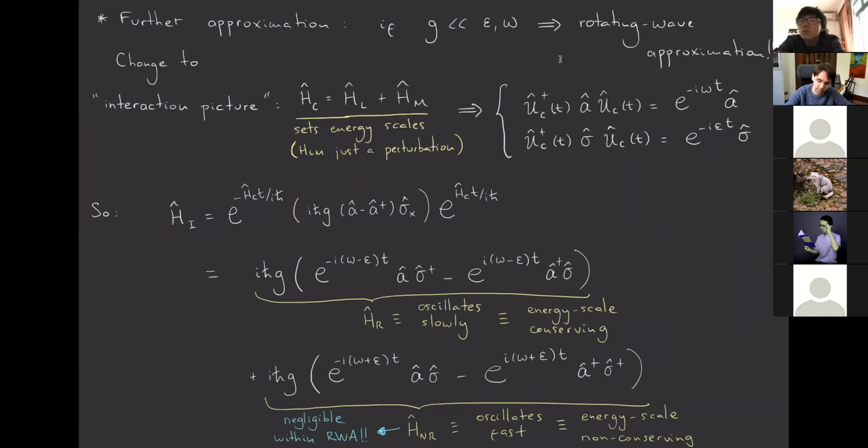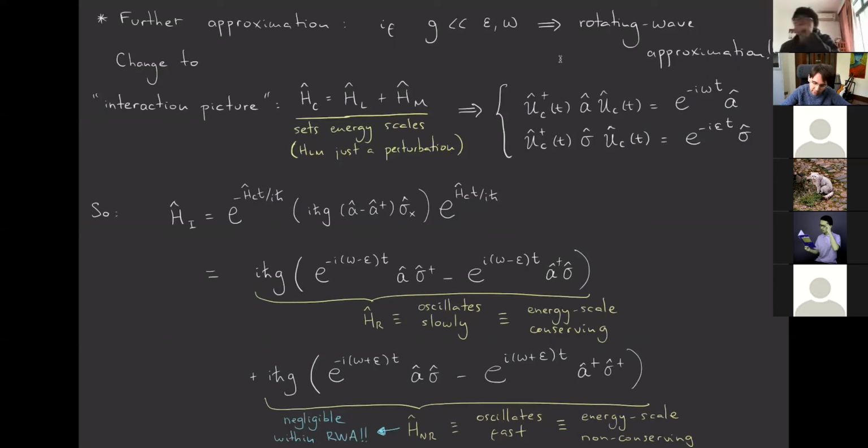If we do that, what we get is two distinct types of terms in the Hamiltonian. The first one, which we call H_R, or H rotating, is a term that oscillates slowly because omega minus epsilon can be 0 or close to 0.